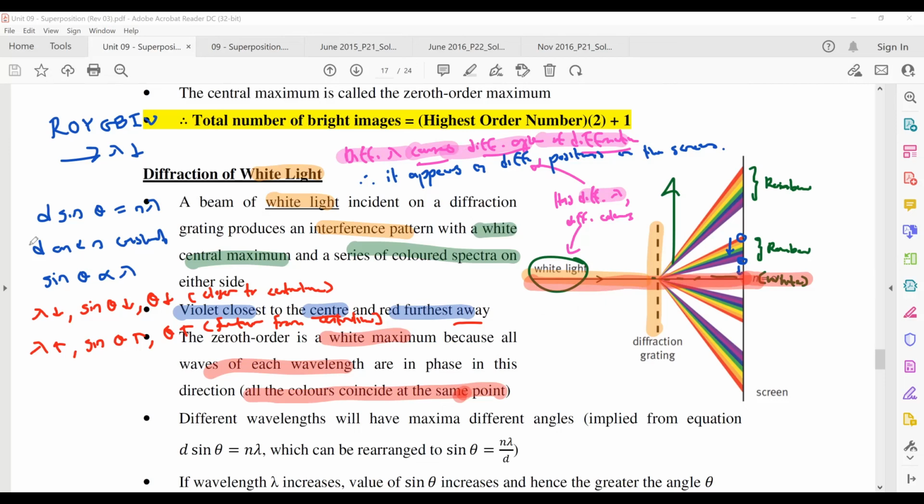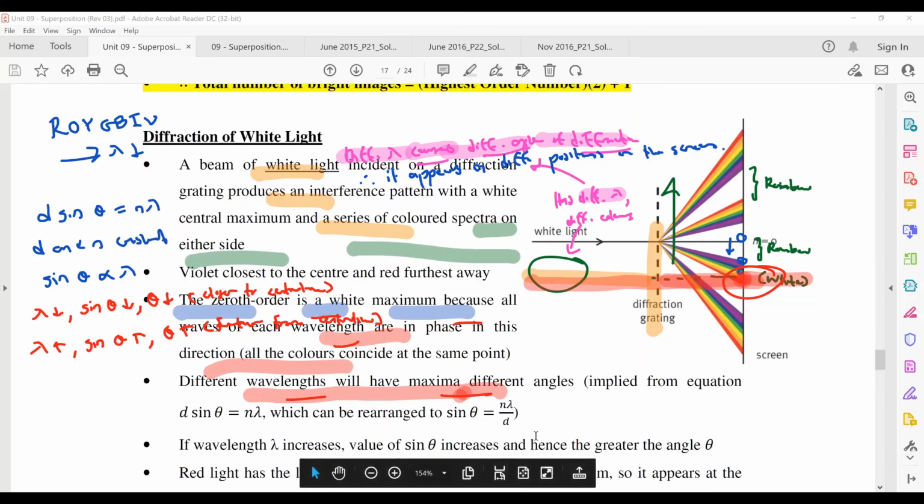They don't diffract, they don't bend to another direction. They're all just going to move straight. So because they all move straight and hit the same spot, the colors combine together to give you back white. That's why your center is always going to be white, because all the colors did not bend. They all move straight and coincide at exactly the same spot. Therefore, you get back white.